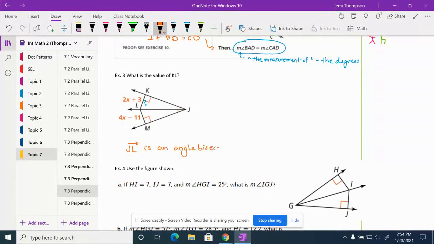I know that from the marks in the picture. The conclusion is that if that's an angle bisector, then that means L is equidistant to the sides of the angle. So this means that LK is equal to LM.